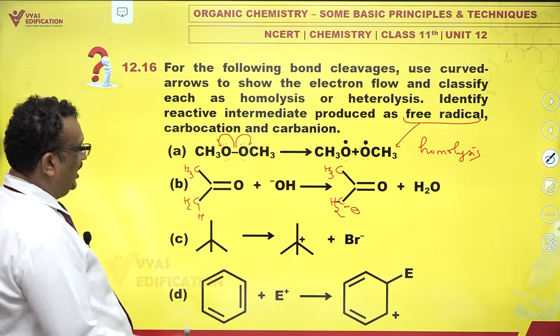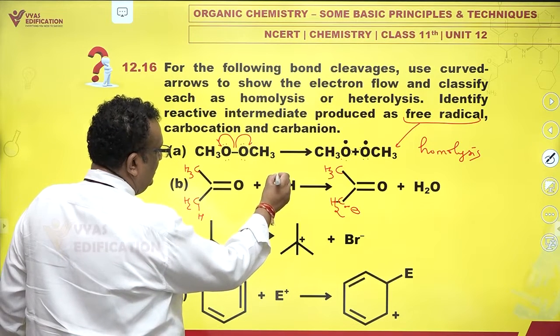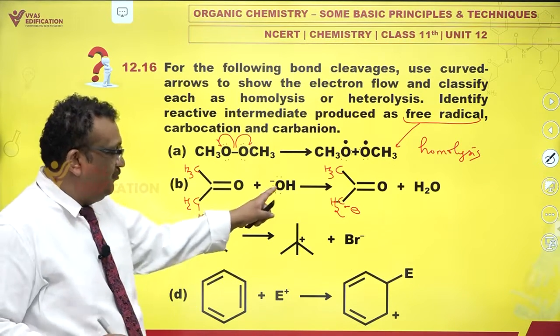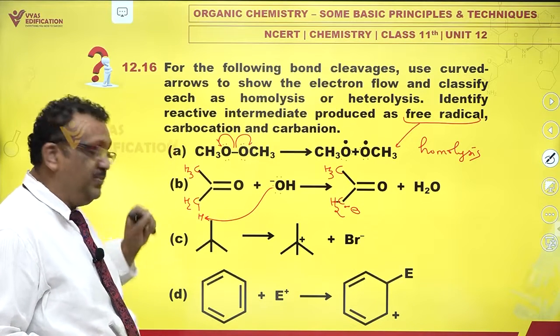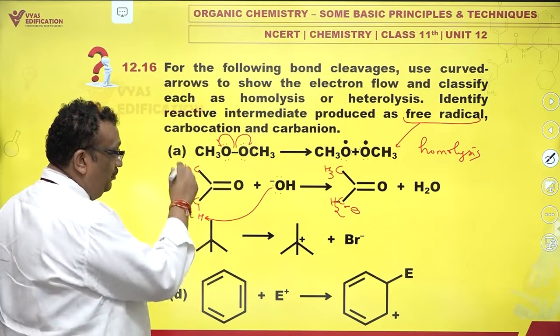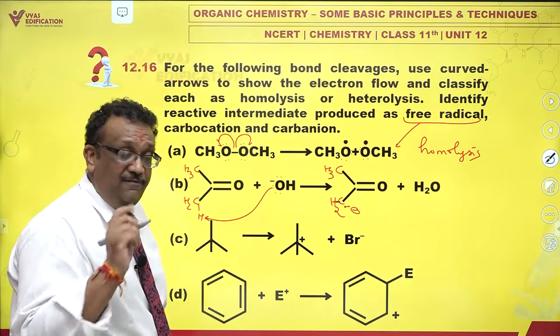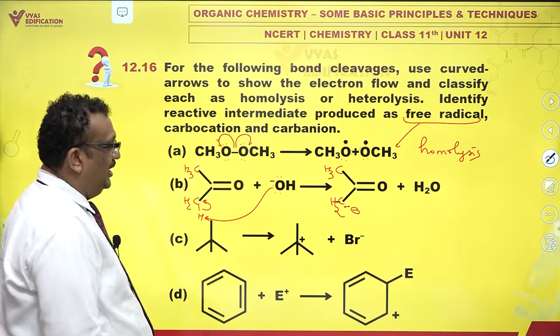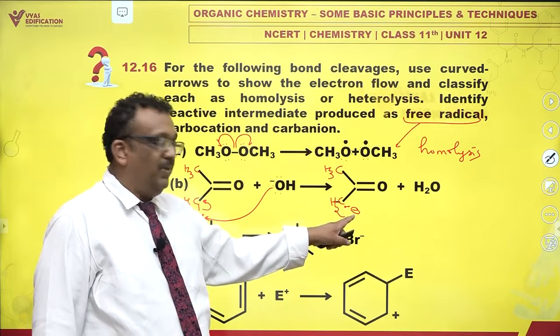Right. So what has happened is, it is like this. The electron pair from OH minus has been donated. This bond breaks up in a heterolytic fashion. It has given away both the electrons to carbon, and that is why carbon has acquired a minus charge and a lone pair.